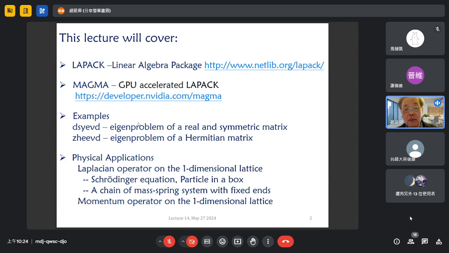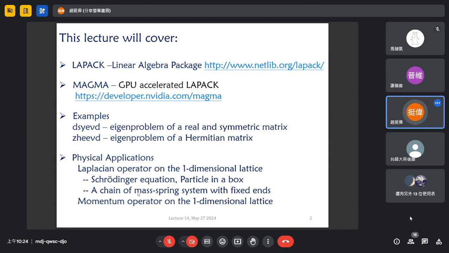These two problems are the most commonly encountered in physics applications, for example, solving the Laplace operator or the Schrödinger equation for a particle in a box, and also a chain of mass-spring systems with fixed ends.